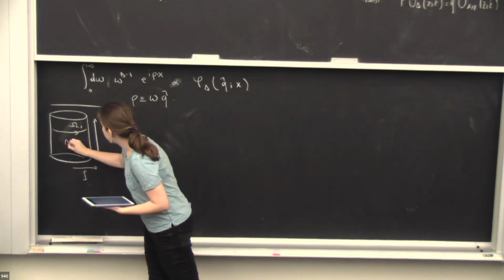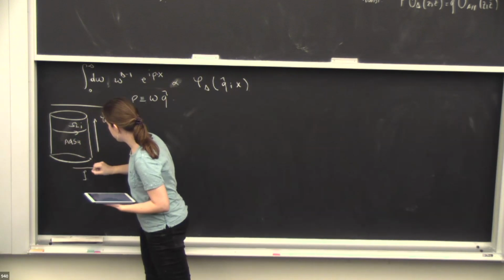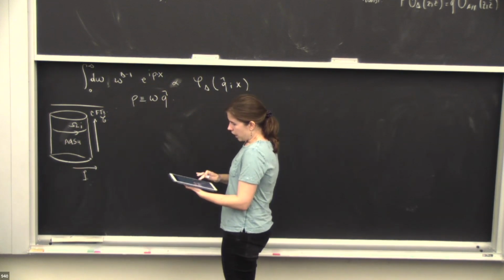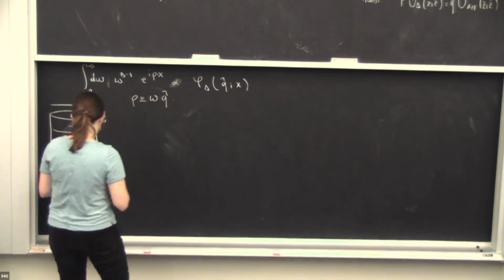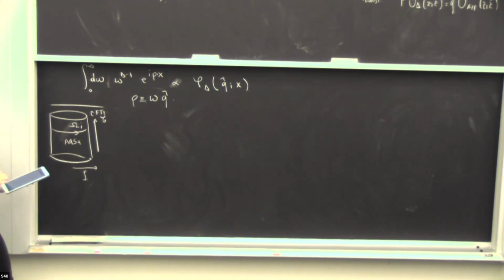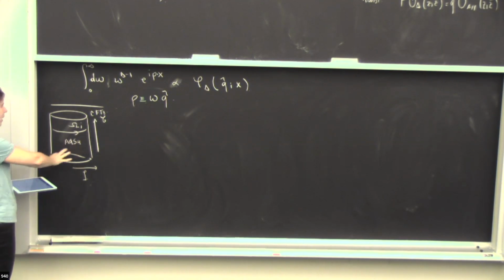So in the bulk here, I'm going to focus on AdS4, and then we have some CFT3 on the boundary. It's convenient to use this embedding space formalism, but maybe due to lack of time, I'm not going to describe that. So hopefully, please ask any questions if the setup here is not clear.